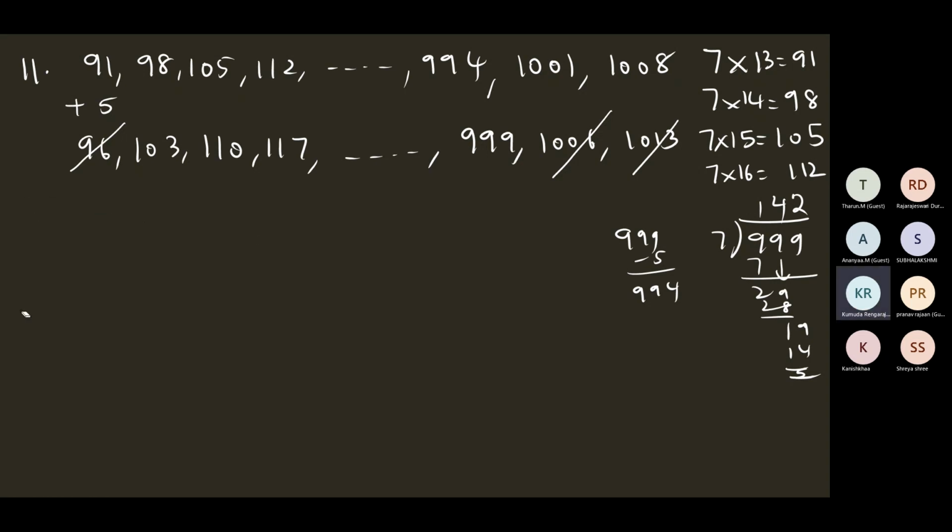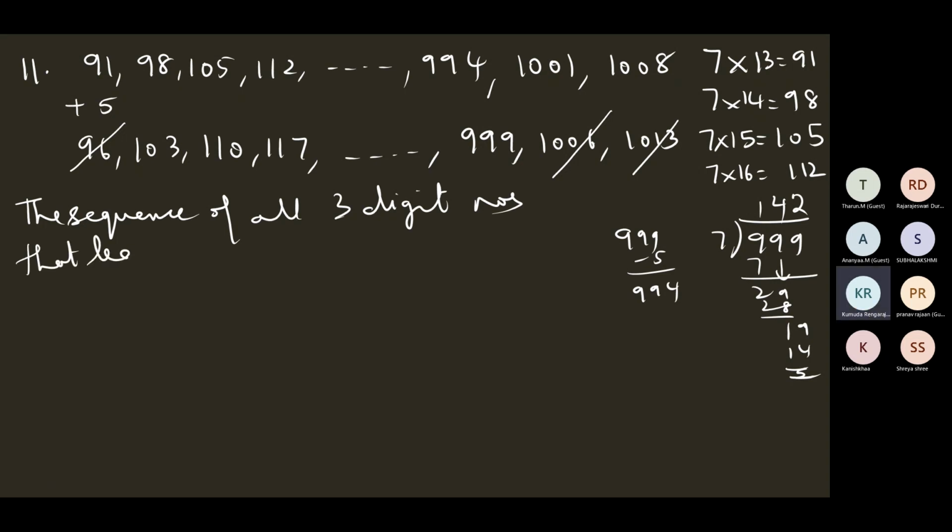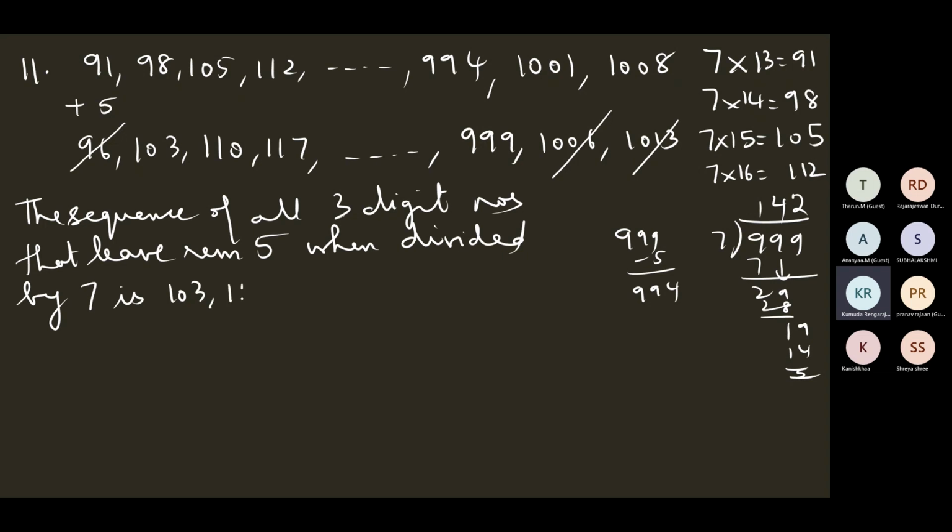The sequence of all 3-digit numbers that leave remainder 5 when divided by 7 is 103, 110, 117, and so on up to 999.